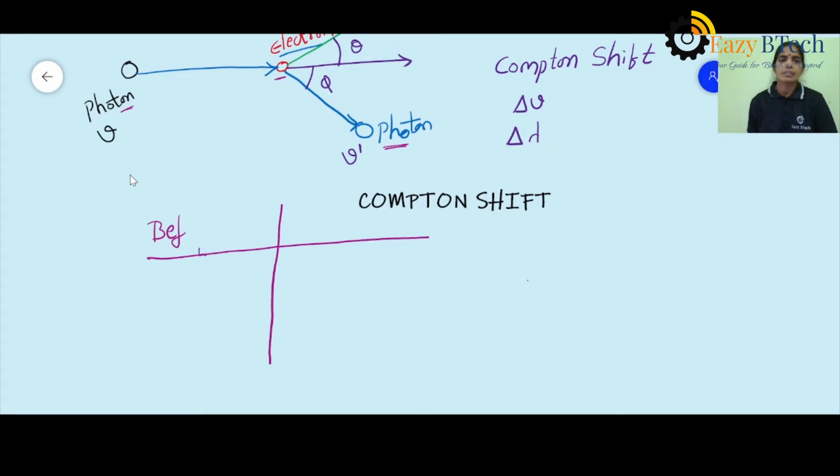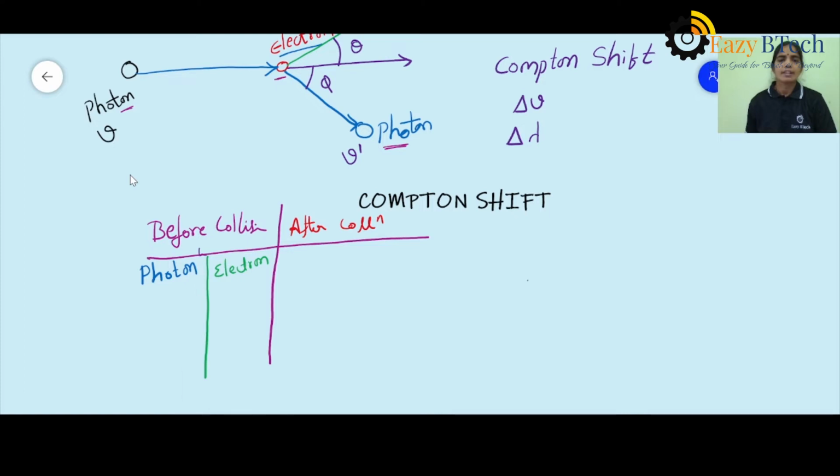So before collision, and the second one I'm saying is after collision. Before collision, I have once again two particles, that is photon and electron.